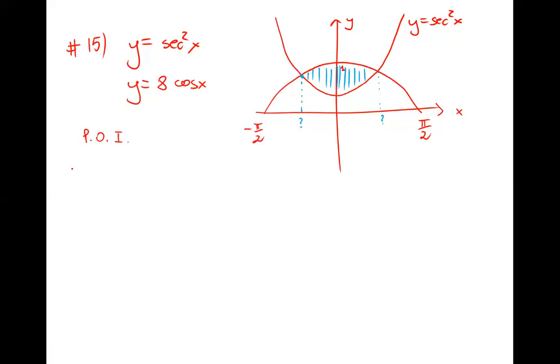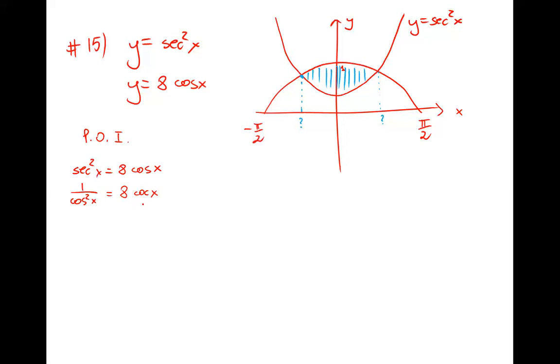Let's see, points of the intersection, we have to say that secant square of x is the same as 8 cosine of x. Secant square of x is 1 over cosine square of x, equal to 8 times cosine of x.